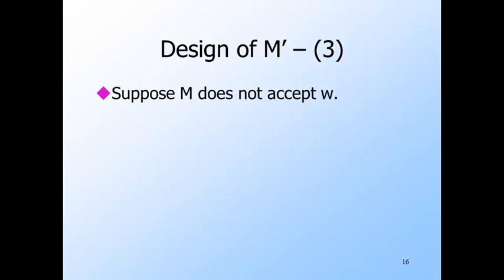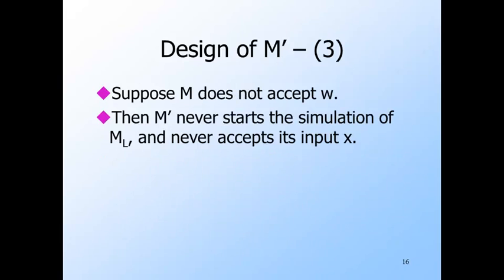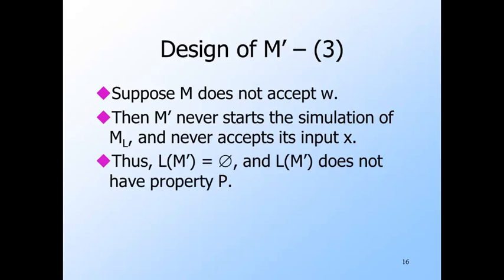Now look at the opposite case where M does not accept W. Then M prime never even starts the simulation of M sub L, and therefore M prime cannot accept its input X. That is, in this case, the language of M prime is the empty language. We know the empty language does not have property P. Thus, if M does not accept W, M prime is not in the language LP.